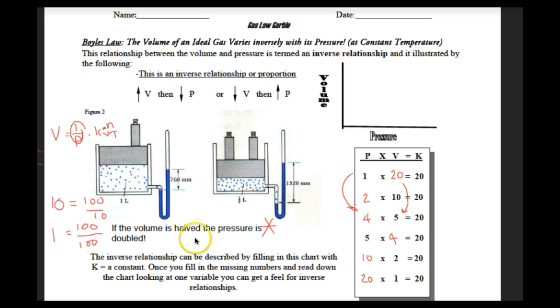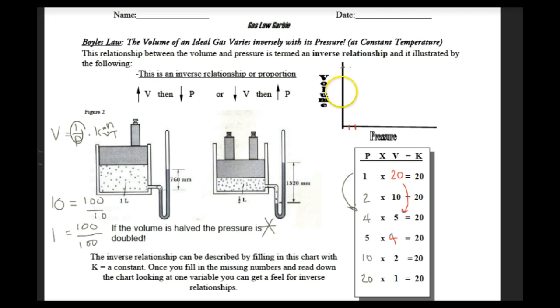So we did this in class, but let's take these points and plot them on this chart, volume versus pressure. If our pressure is at 1, and our volume we'll put up at 20, we put a little dot. Then we have the pressure at 2, and we need to put the volume at 10.